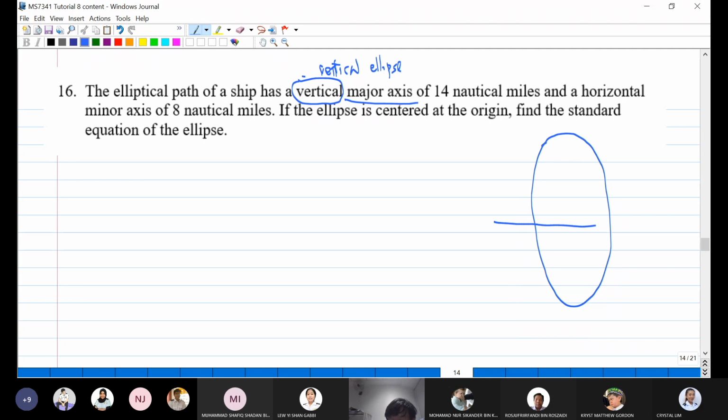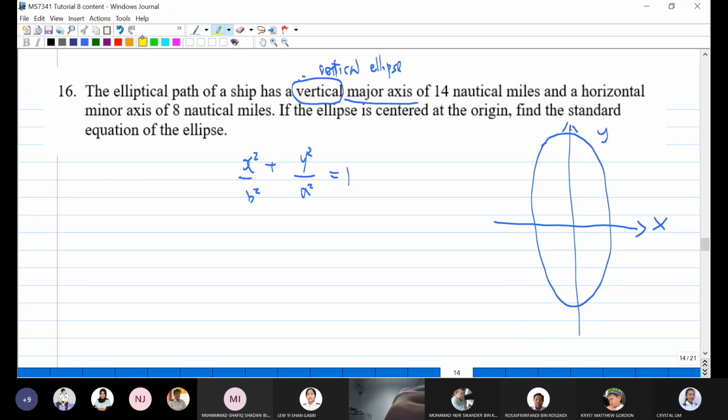You usually draw a center, X and Y. If you know that this is a vertical ellipse, the equation of the ellipse now looks like this: x squared over b squared plus y squared over a squared, because it's a vertical ellipse.